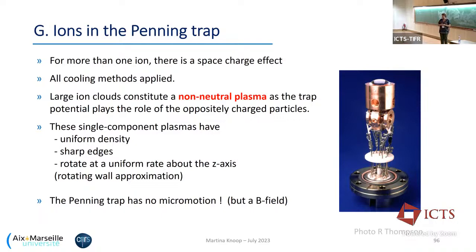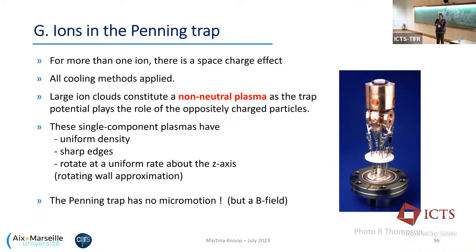That also has some advantage. The inconvenience of the Penning trap is that you have a B field. And if you have a B field, your lines are split, okay? So you have Zeeman splitting and things like that, which is not always very nice for high precision spectroscopy. But there are other things which you can do.